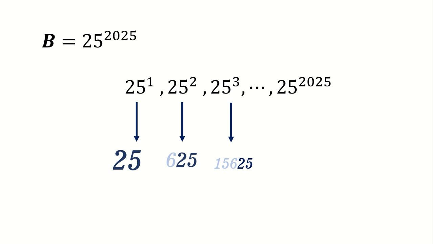But we can prove the statement. The statement says that 25 to the power of n has 25 as its two rightmost digits, where n is an integer bigger than or equal to 1. So we need to prove this proposition.